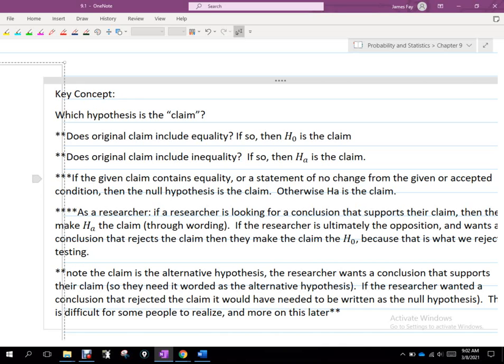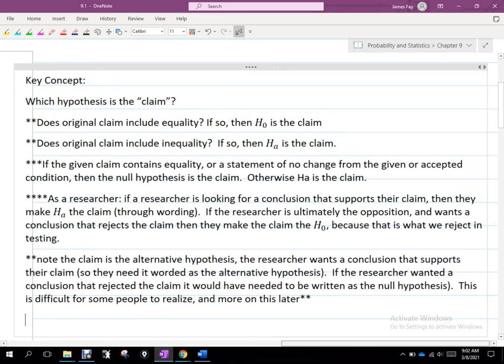Some ways for us to identify which hypothesis is the claim. It says, does the original claim include equality? If so, then the null hypothesis is what we're going to refer to as the claim. And there are different ways, especially from the perspective of the researcher, that we can word our investigative questions to establish which one is going to be the claim.